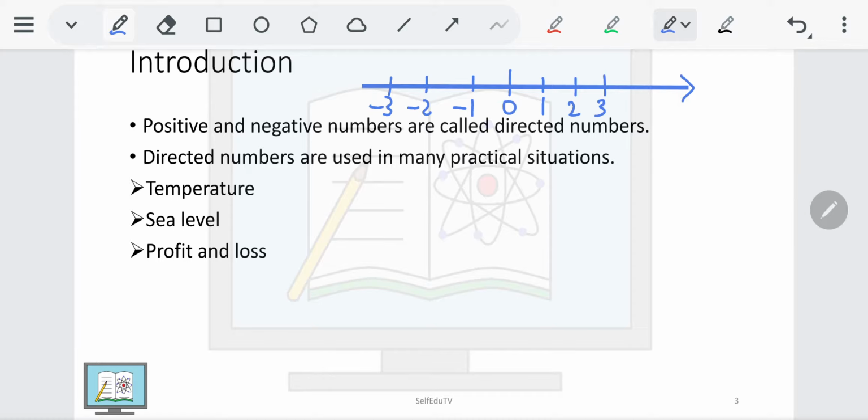Positive numbers are located to the right of 0 and negative numbers are located to the left of 0.